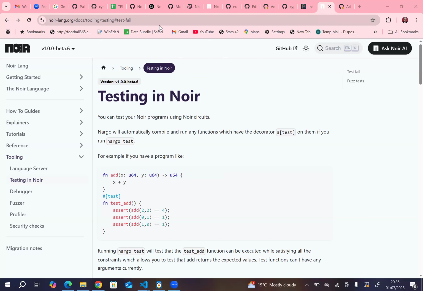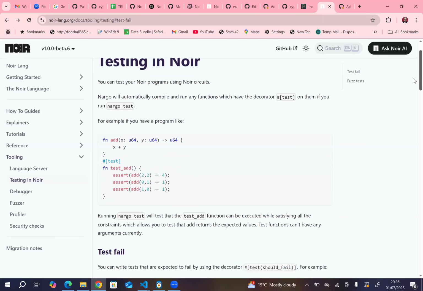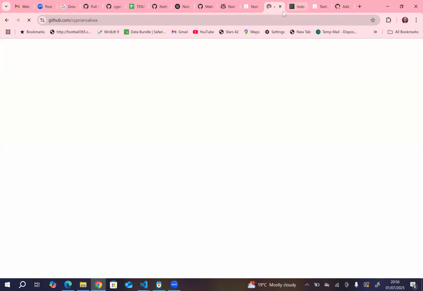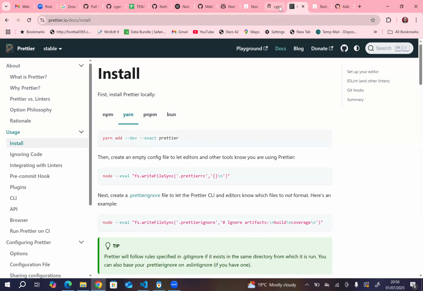I don't know whether you're seeing what I'm sharing. This is documentation from Noir, and it's online. Let me minimize what is on my screen so that I can easily see what I should share.